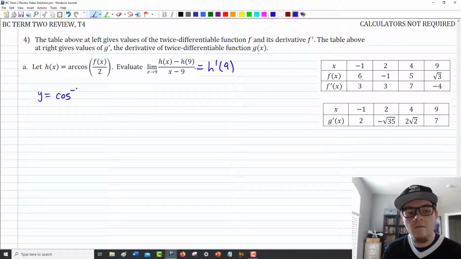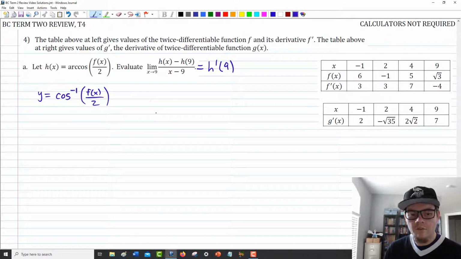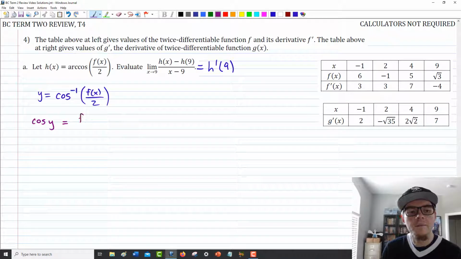I'll rewrite this in inverse notation as well. So there is our expression. We want to find the derivative of this function. Before we do that, though, I'm going to rewrite it in a cleaner manner. So there's where we start. Why do I start there?